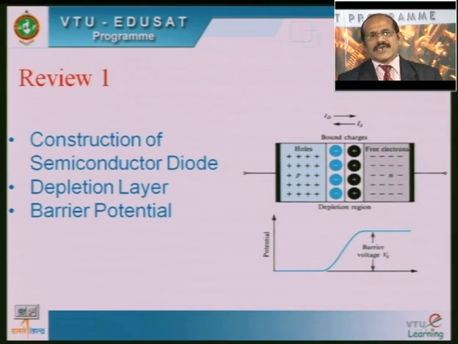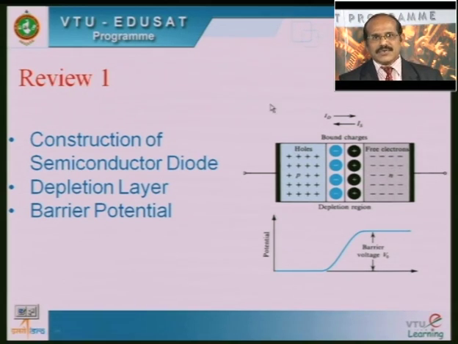This neutralization process will create a layer that is called the depletion layer, or also the depletion region. As I told you earlier, the depletion region doesn't consist of any free charge carriers. It only consists of immovable fixed ions.